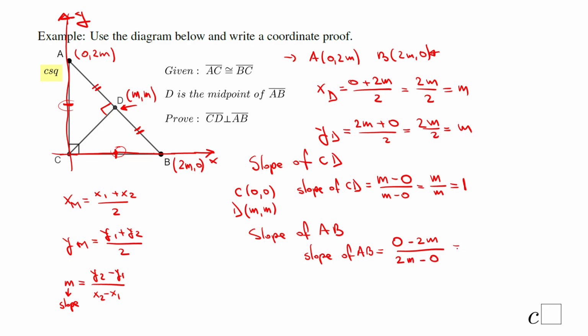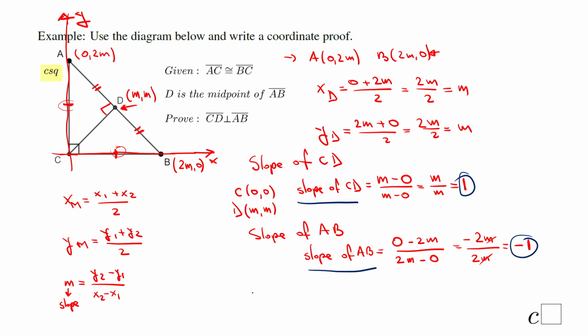So we end up with negative 2m over positive 2m. We can simplify the m's. We have negative 2 over 2, which is negative 1. And now let's take a look at these two slopes. The slope of CD is 1. The slope of AB is negative 1. These two are negative reciprocals, right?